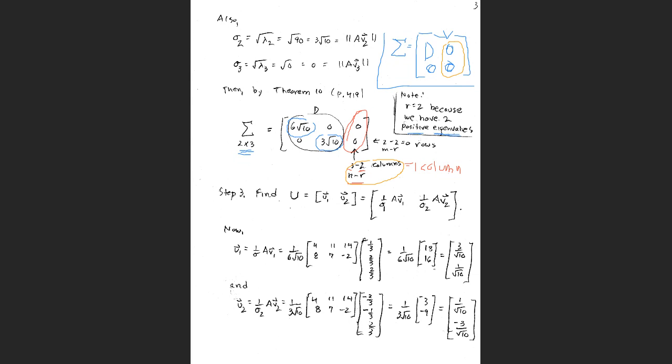But you notice there's no row of zeros underneath this diagonal matrix D. That's because m is 2 and r is 2. 2 minus 2 is 0 rows. So this is how you construct the matrix sigma. And r equals 2 because we had 2 positive eigenvalues, hence 2 positive singular values.